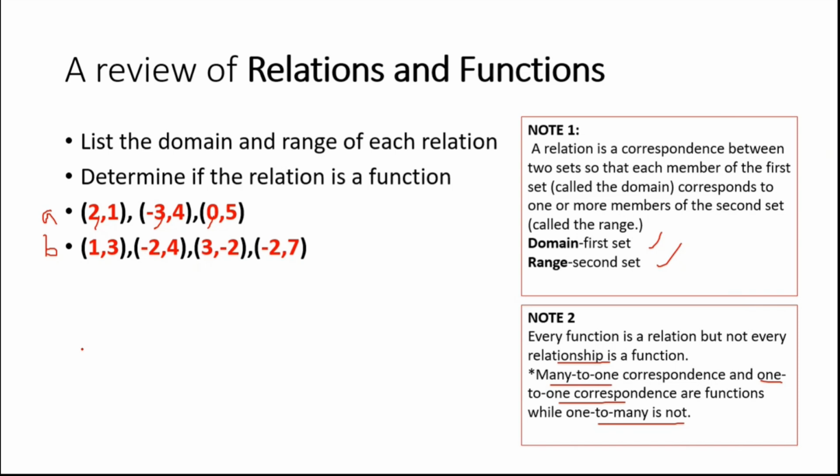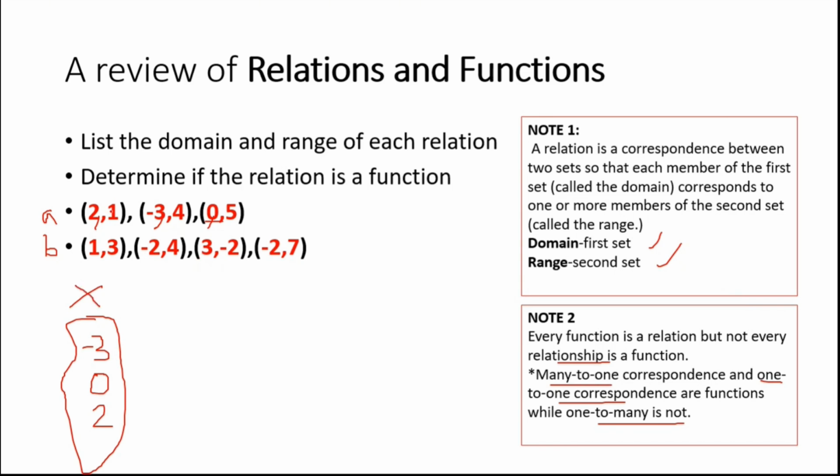It could be descending or ascending order. Let's try the ascending order. So negative 3, 0, and then 2. This is the domain, or let's say this is the x.